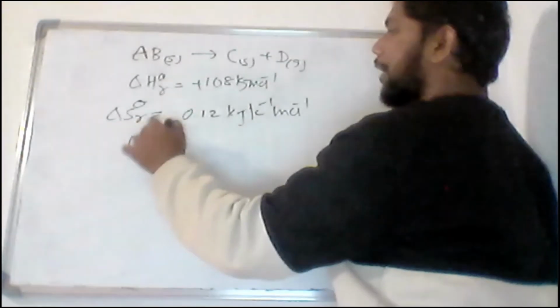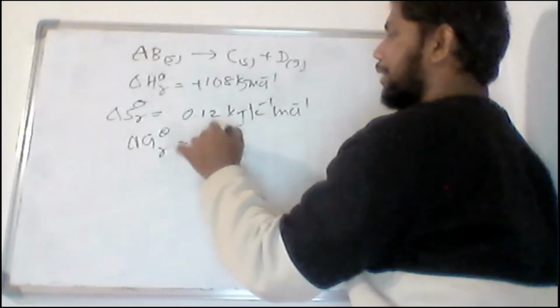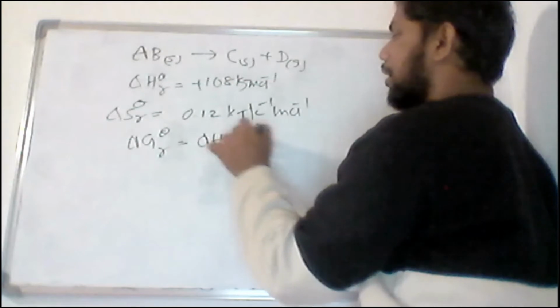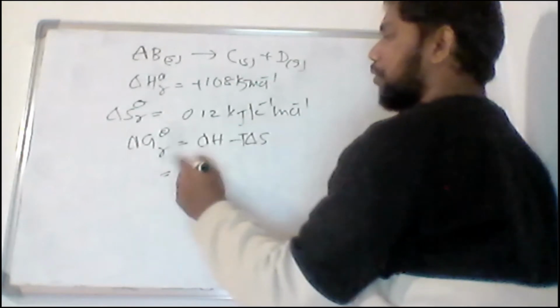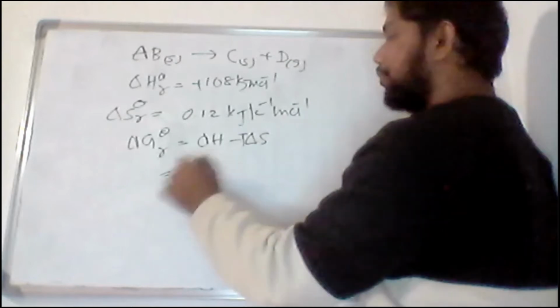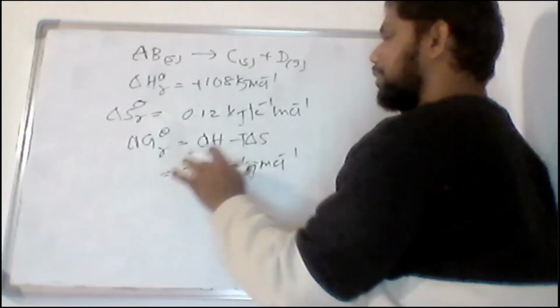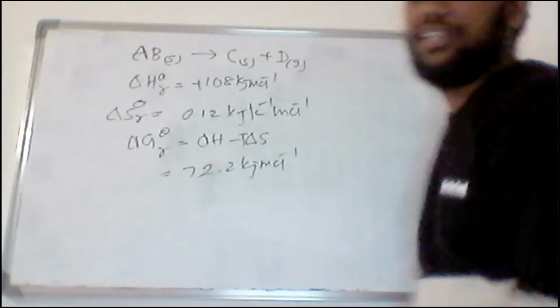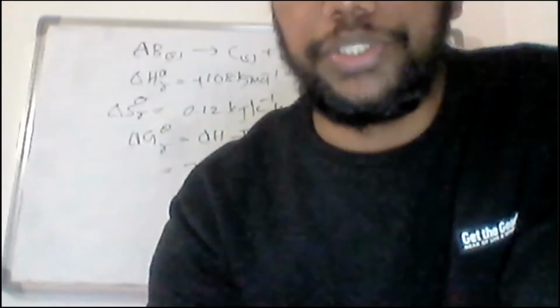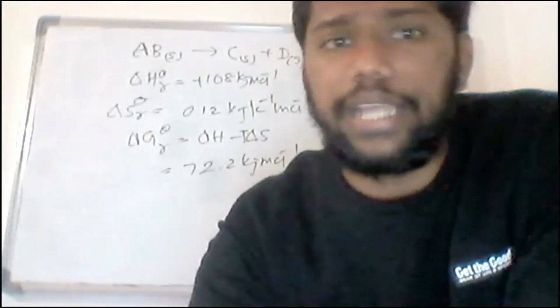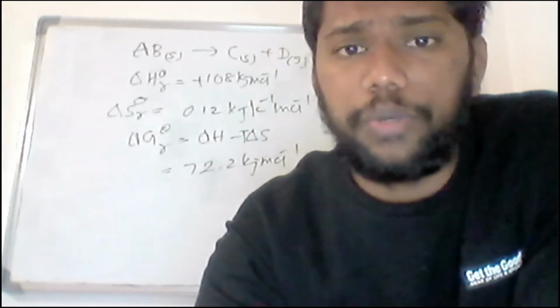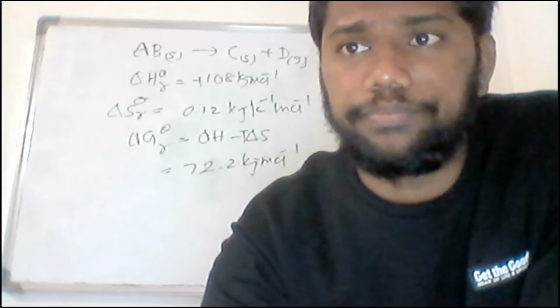Then you can calculate delta G theta equals delta H minus T delta S. When you calculate this delta G value, you will get 72.2 kilojoule per mole. So this is a positive value. So you can tell, since delta G is positive, the reaction is non-spontaneous for this first question.